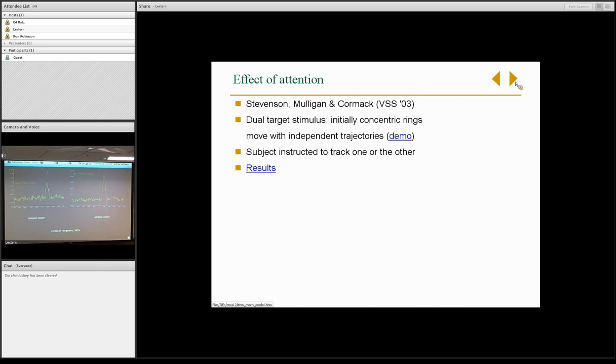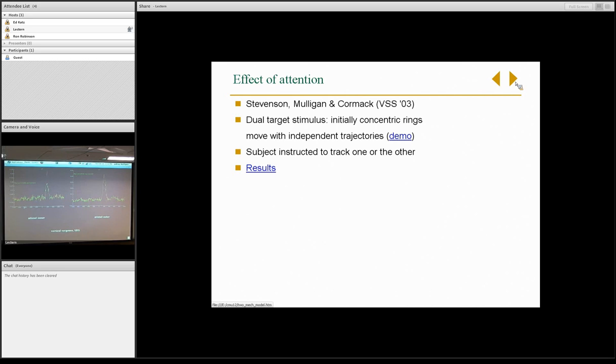And what we can see is that we always get a stronger response to the target that's being tracked, but we get a measurable response to the target that they're supposedly trying to ignore.